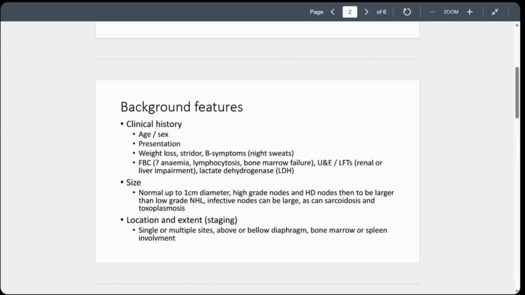There's becoming a real problem in the United Kingdom, because we have a service where all suspected hematological malignancies, which include lymphomas, are referred to specialist centres. Probably about 25% of the cases sent to those centres are reactive.